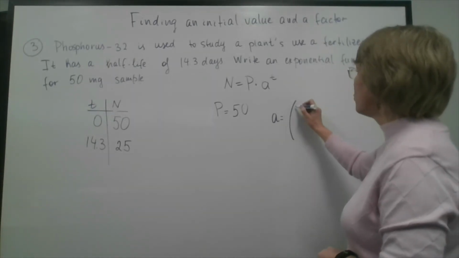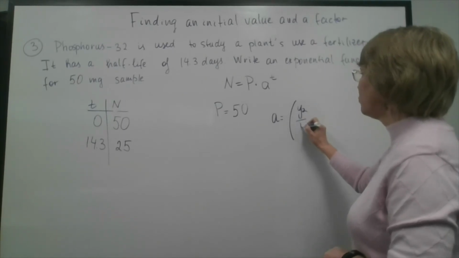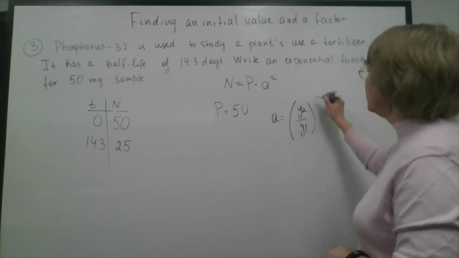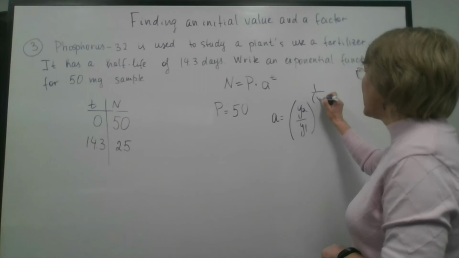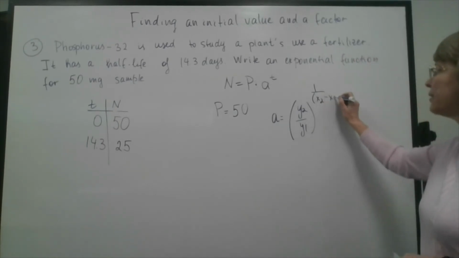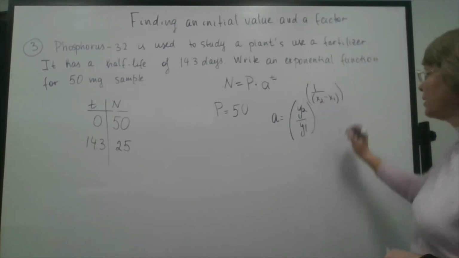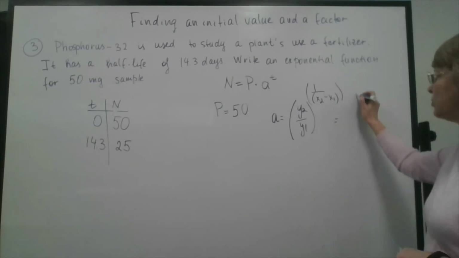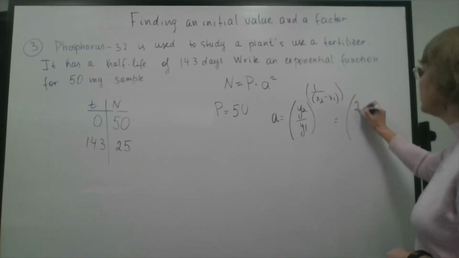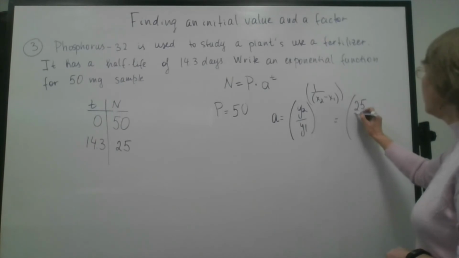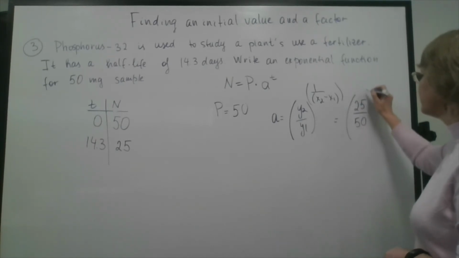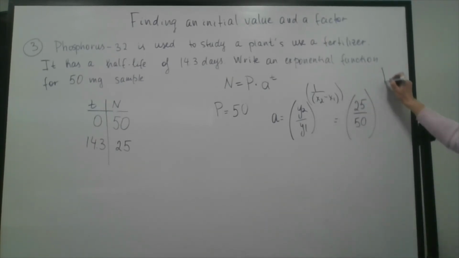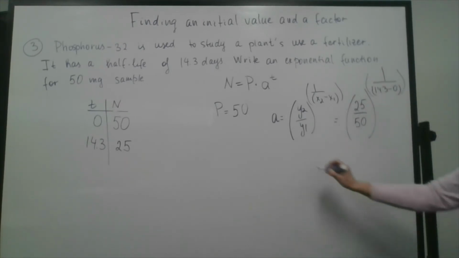And you use the formula y2 over y1 to the power 1 over x2 minus x1. Let's use it. So it will be 25 over 50 to the power of 1 over (14.3 minus 0), parenthesis here and parenthesis here.